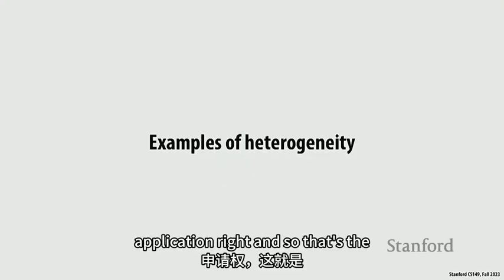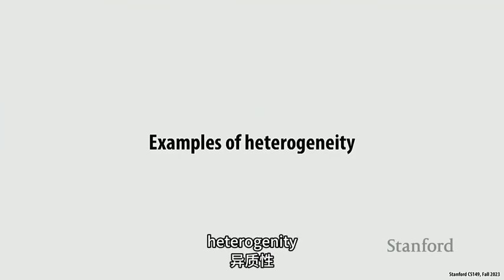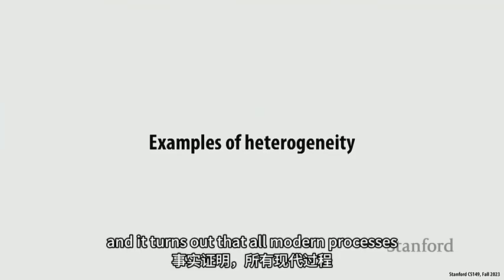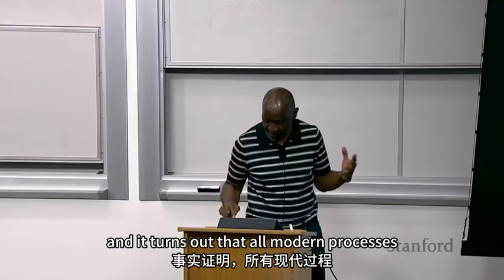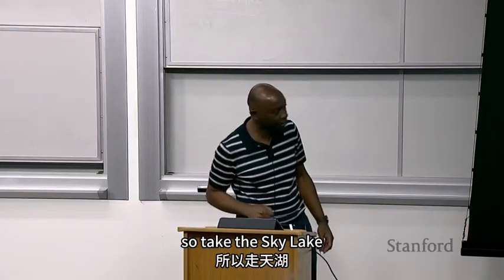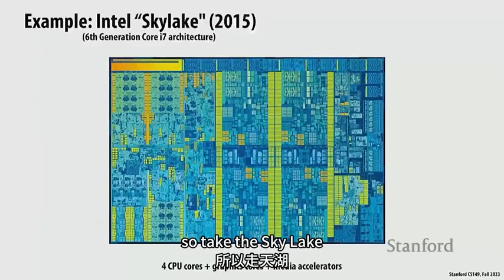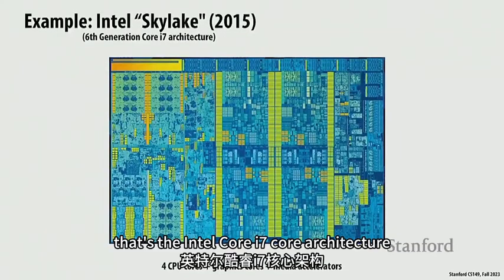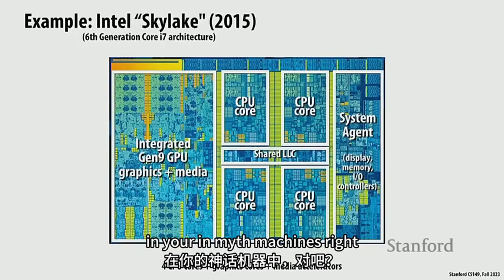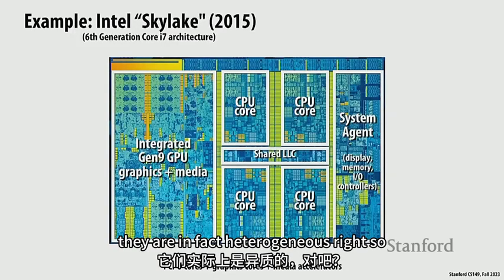And so that's the idea of heterogeneity. And it turns out that all modern processors are in fact heterogeneous, right? So take the Skylake processor, that's the Intel Core i7 core architecture in your myth machines, right? They are in fact heterogeneous, right?